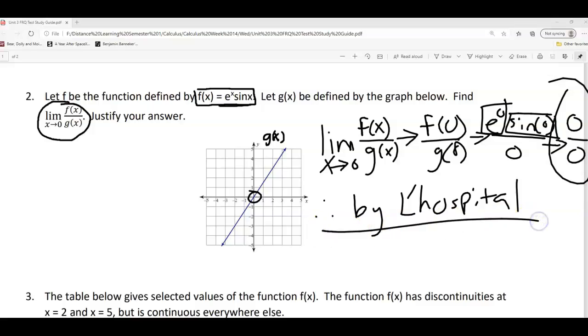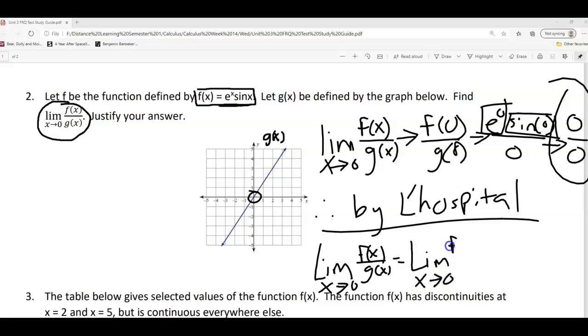Then you need to say, therefore, by L'Hopital's, and then you need to write the original function first. And then you need to put the next part, which is the result of L'Hopital's conclusion, which is that you can take the derivative of the top function and the bottom function and try again. Okay? Now, let's go ahead and do this.